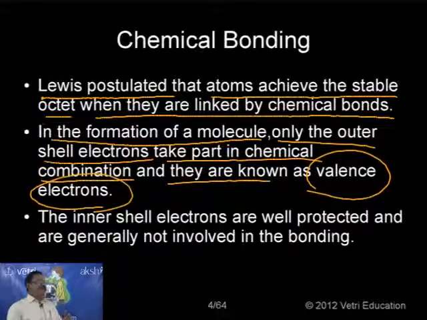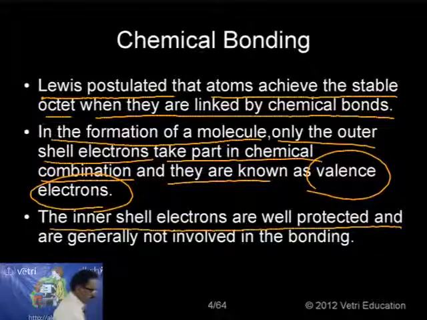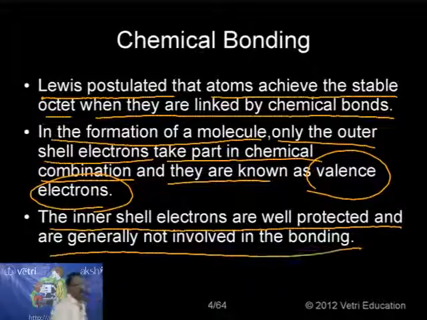So only electrons present in the outermost shell are involved in chemical bonding. Inner shell electrons are not involved. So this is the most important information according to Lewis and Kossel theory. The next one. The inner shell electrons are well protected and they are generally not involved in chemical bonding.